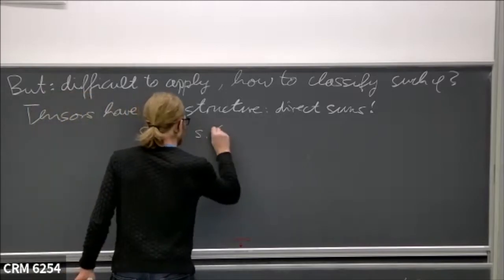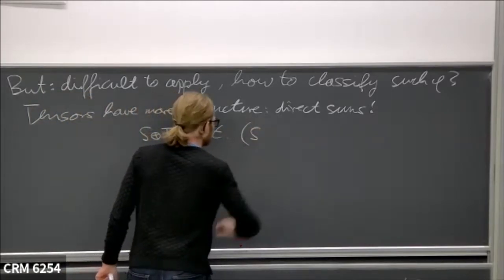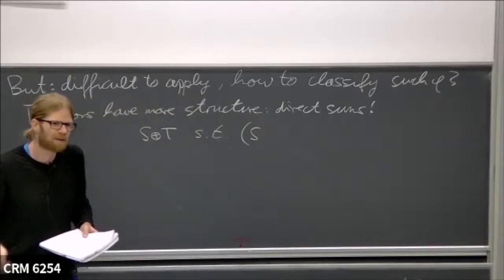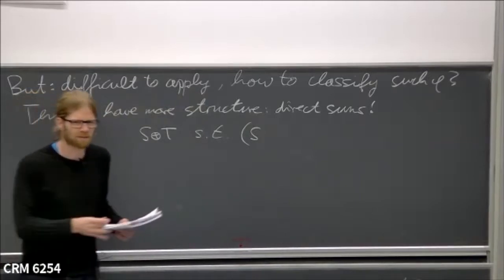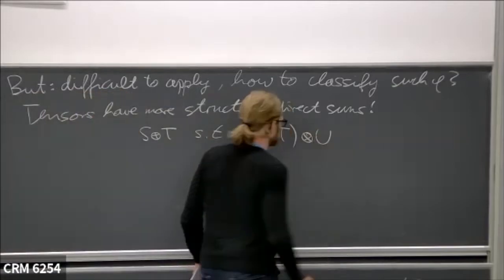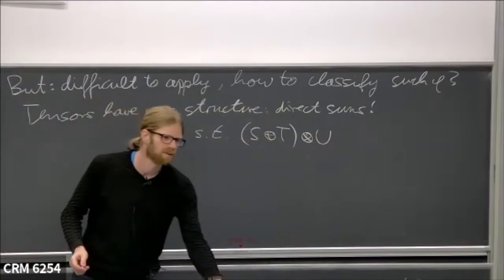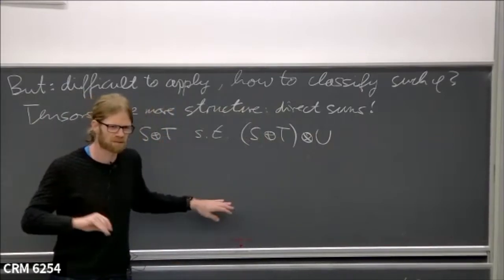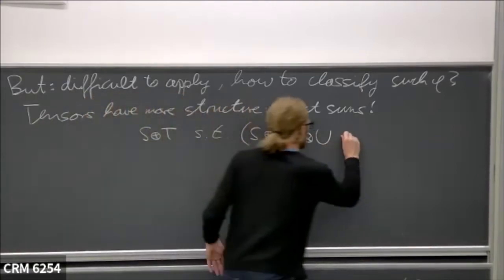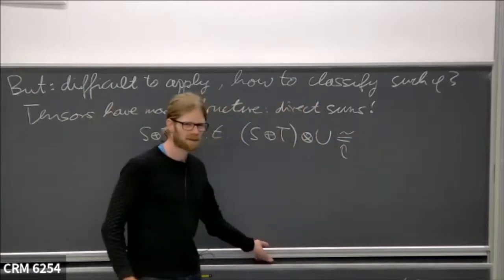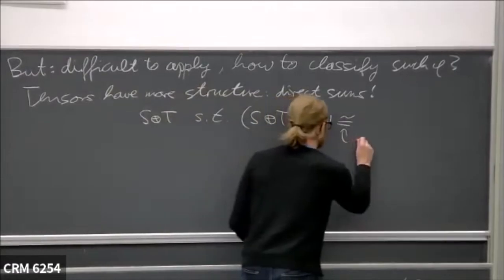And now this satisfies that the tensor product distributes over direct sums, at least up to preorder equivalence again, so up to isomorphism of tensors. Let me write this like that. By the equivalence symbol here I mean that this is ordered in both directions.